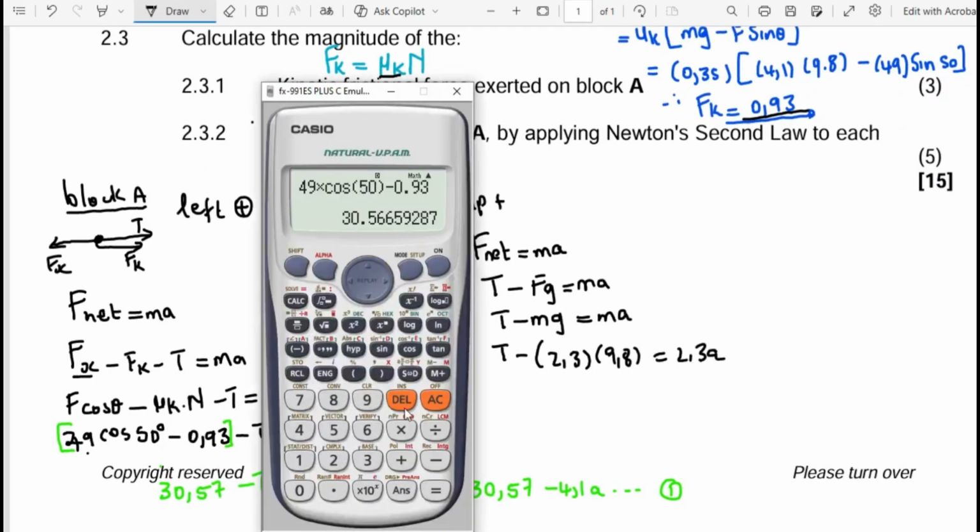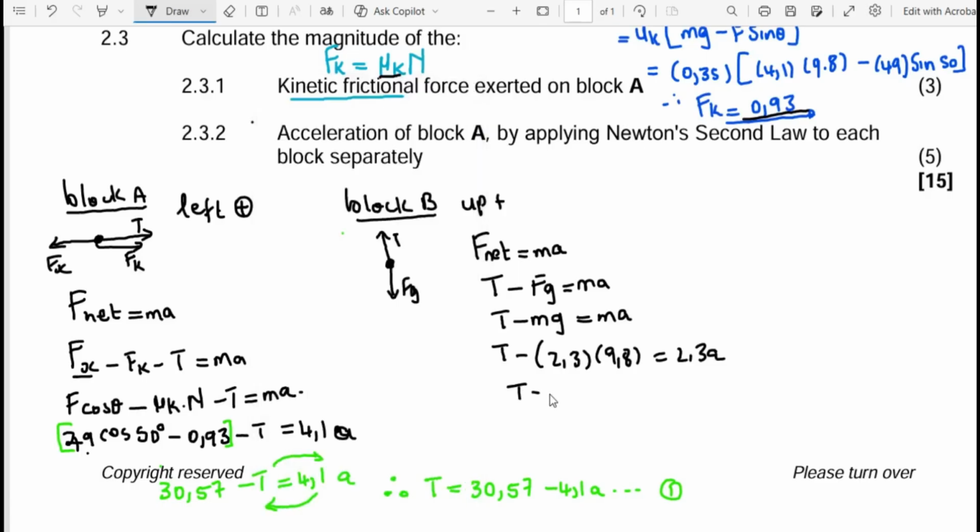So whatever we get on the calculator when we say 2.3 multiplied by 9.8, this gives us 22.54. So this will be the tensional force minus 22.54.